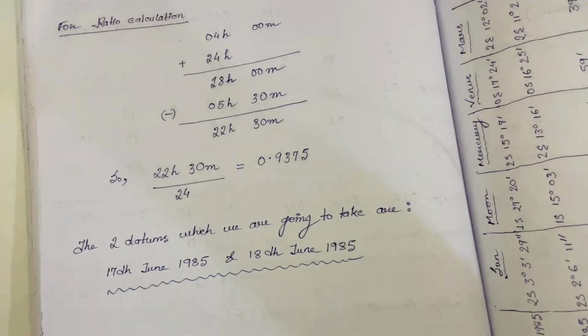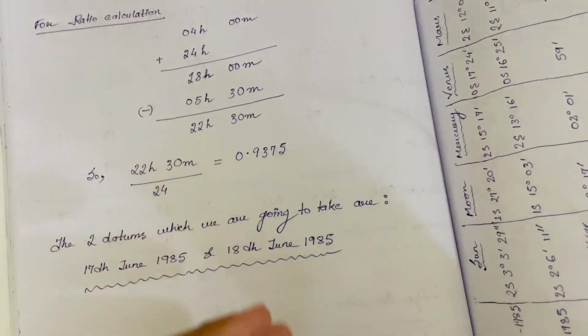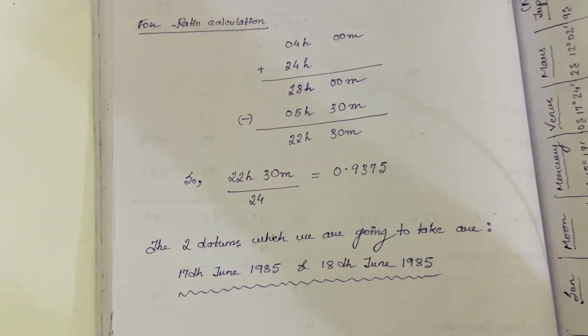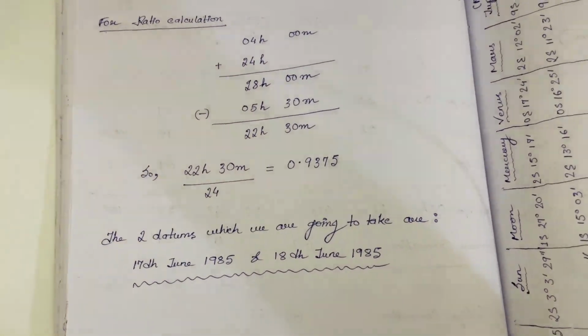The numerator is the main thing, because the denominator will always be 24 hours. The numerator value is the value that you have to correctly calculate.